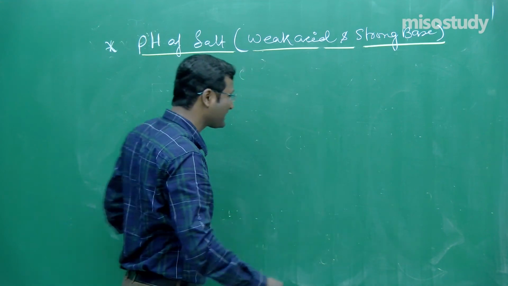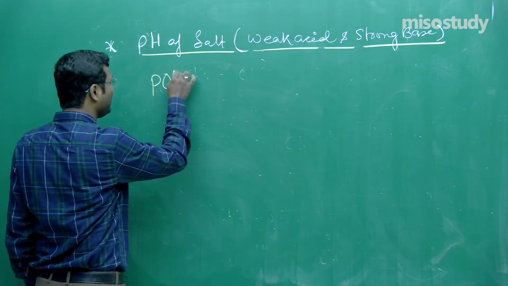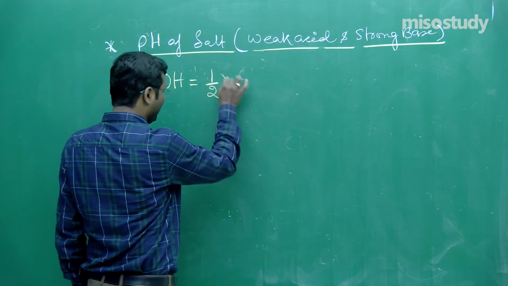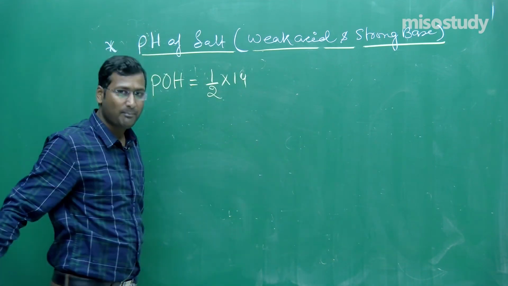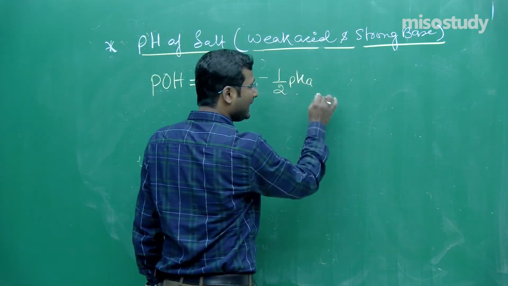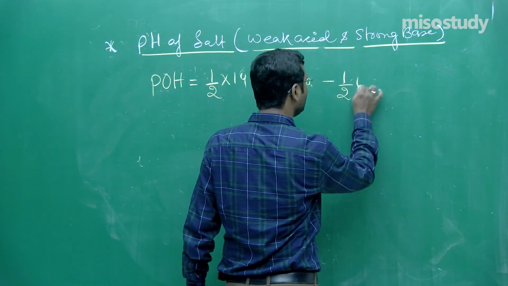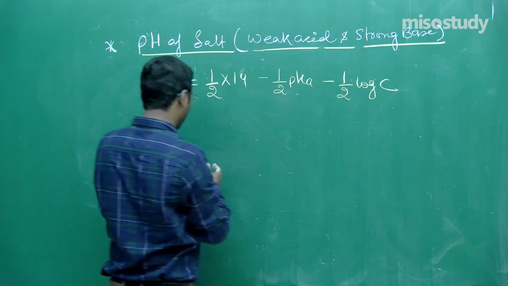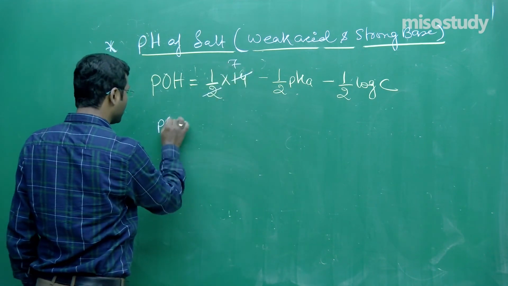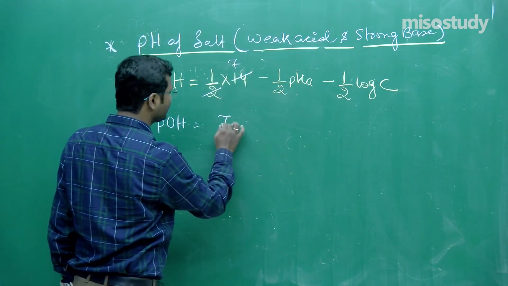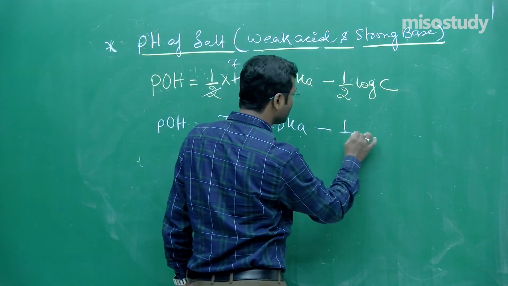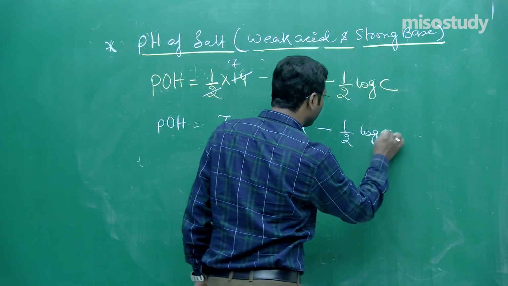Okay, so the last expression is, you can write like this: pOH is equal to 14 in place of pKw, 1 by 2 pKa minus 1 by 2 log C. Now this will cancel this one, so the final expression pOH is equal to 7 minus 1 by 2 pKa minus 1 by 2 log C.